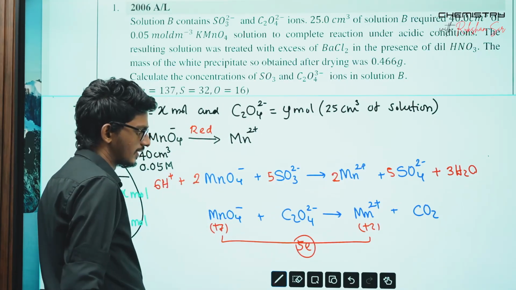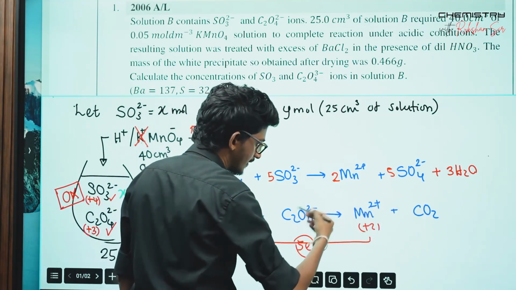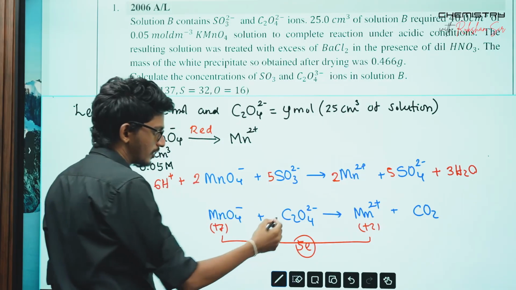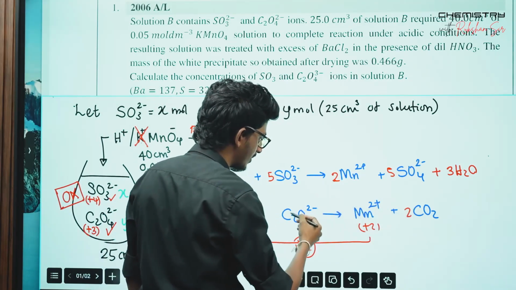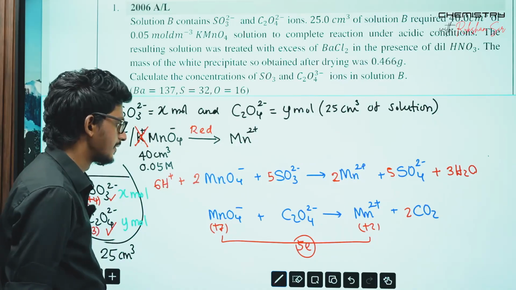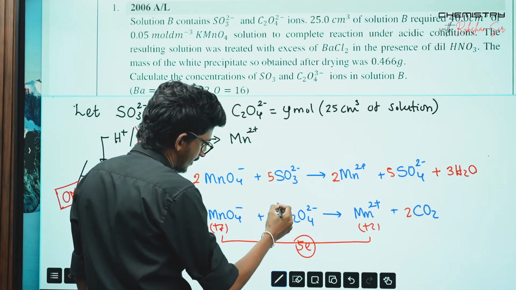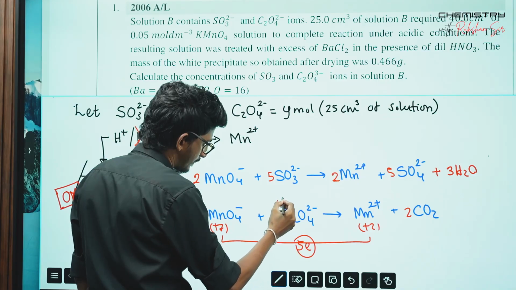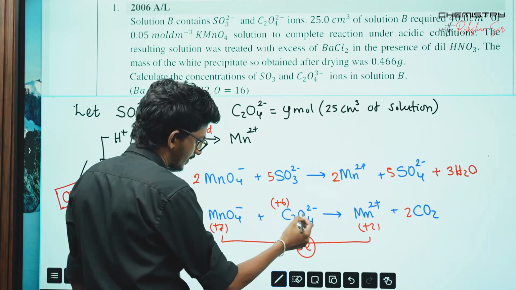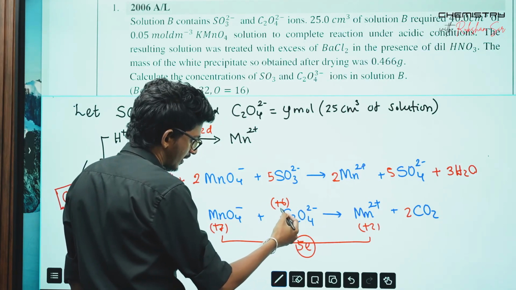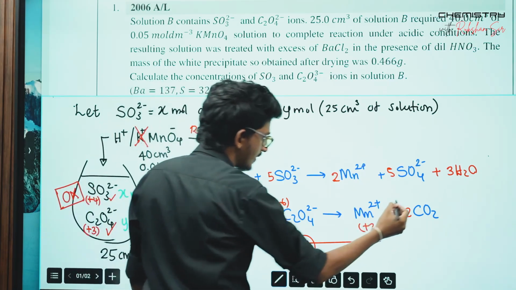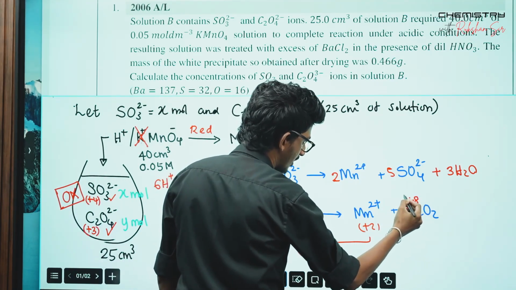First of all, you need to balance the redox atom, so you need to put 2 here, as 2 carbons are appearing. Here the net oxidation state is going to be +6, since -8 is there: +8 minus 2 is +6. Here 2 carbons at +4 means +8.